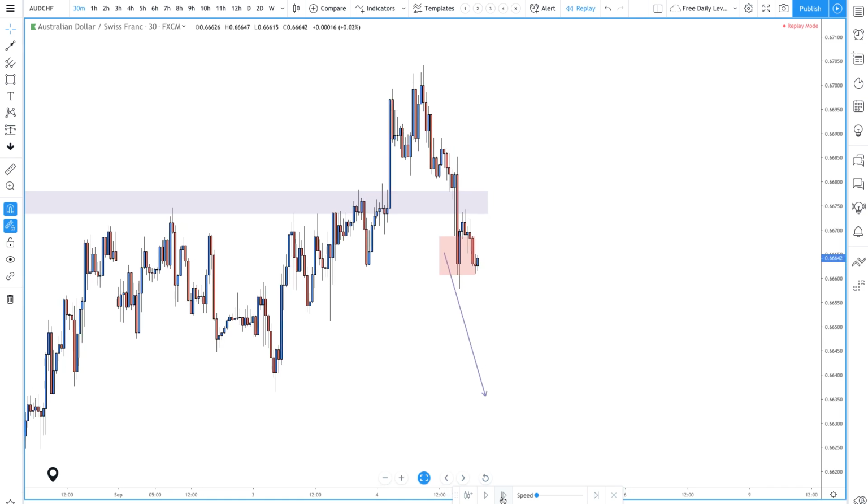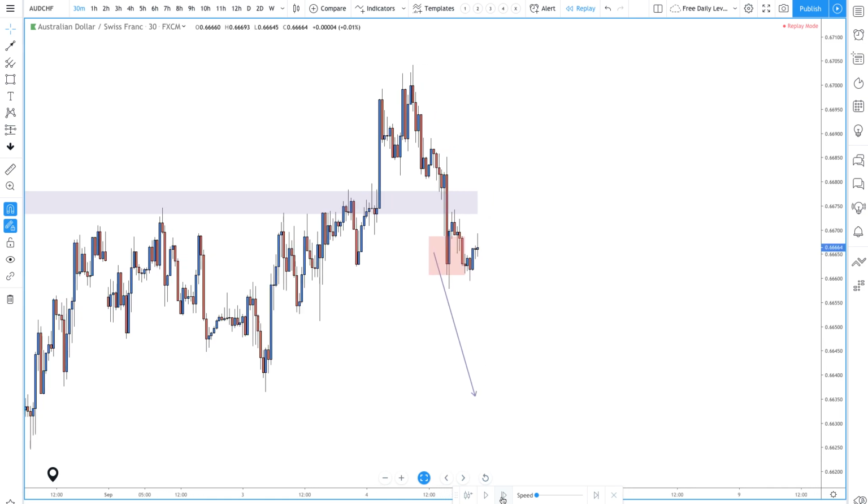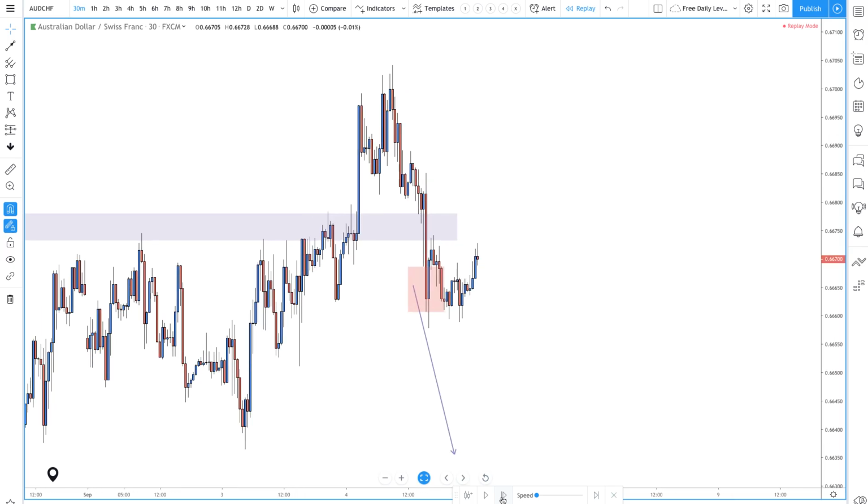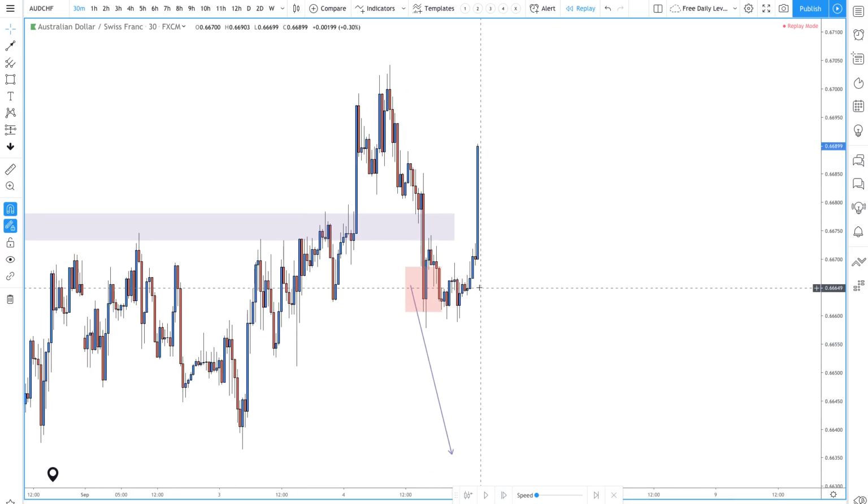But prices fail to really go lower for a good few hours. And then all of a sudden, prices start to look like they're stopping us out, depending on where our stop losses are, above the swing or above here.